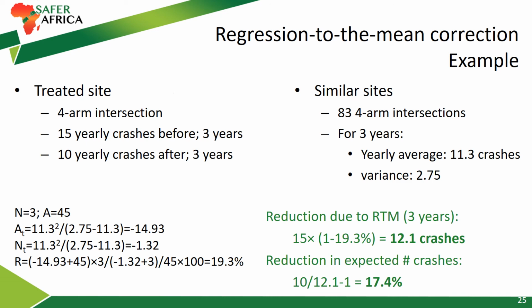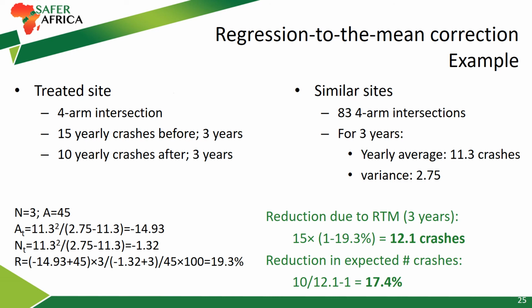Following the use of the equations shown in slide 23, we conclude that the 15 yearly crashes in the before period correspond to 12.1 crashes if we deduct the regression to the mean effect. That means that if nothing had been done, in the after period, we would expect 12.1 crashes yearly in the treated site.